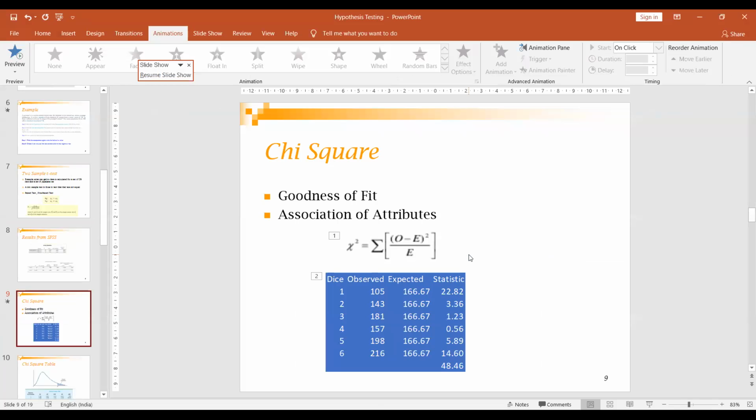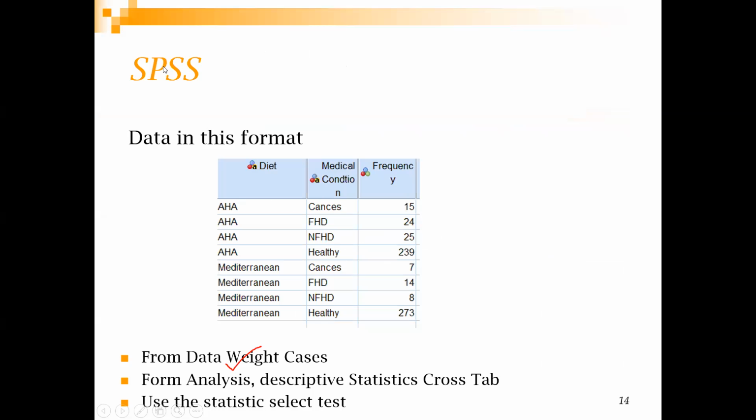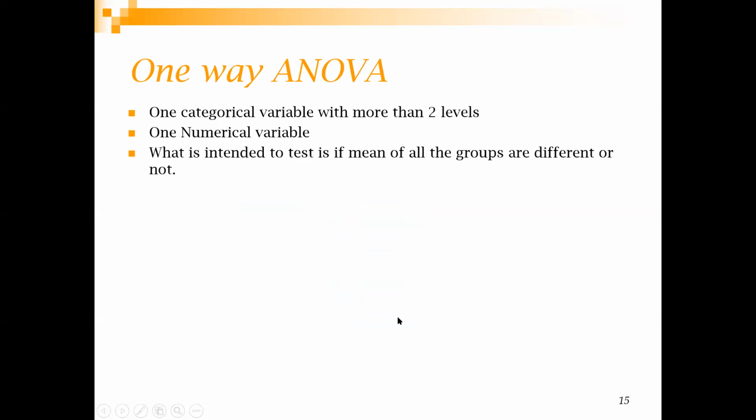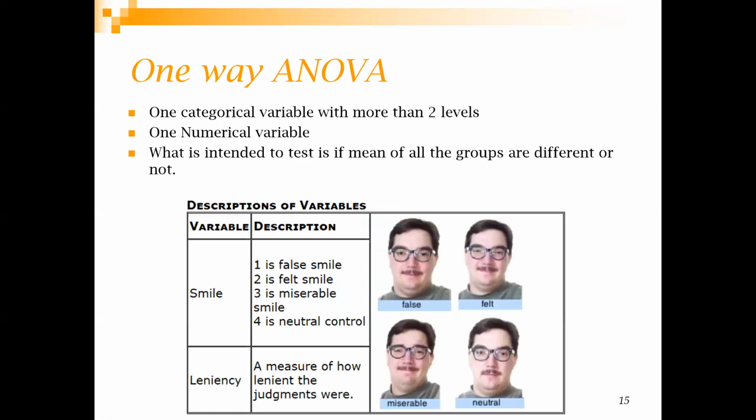Can you see now? Now it is coming. The PPT is coming, Chi-square. Yes, so this is the same thing I have explained with one example. So there are different cases. Just 1 minute again.